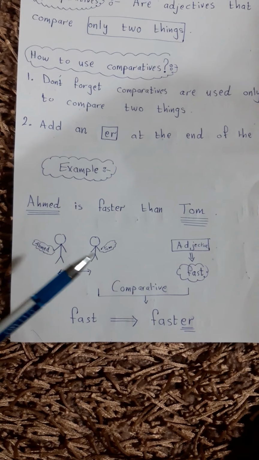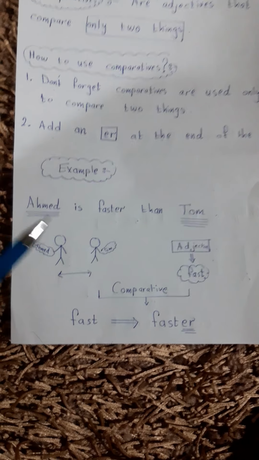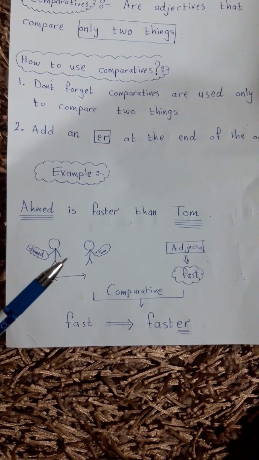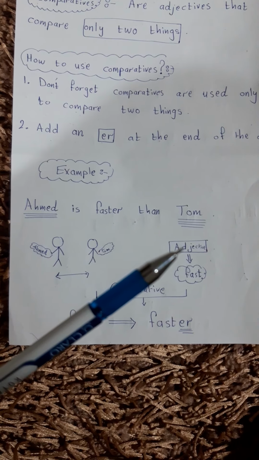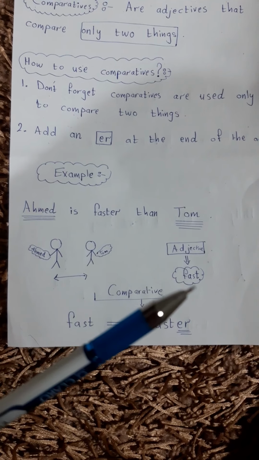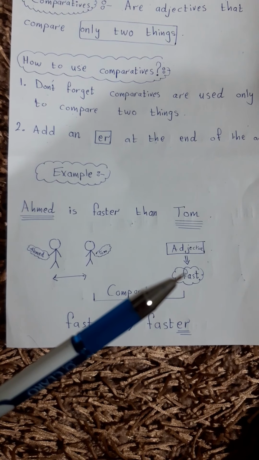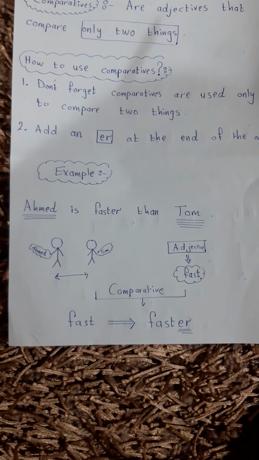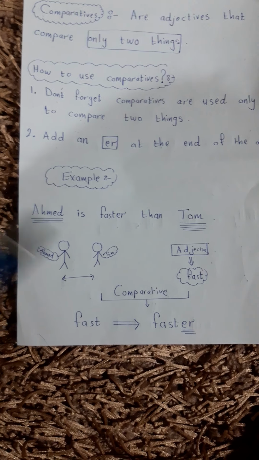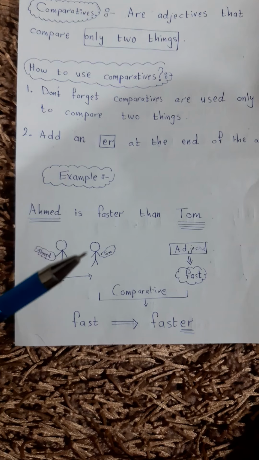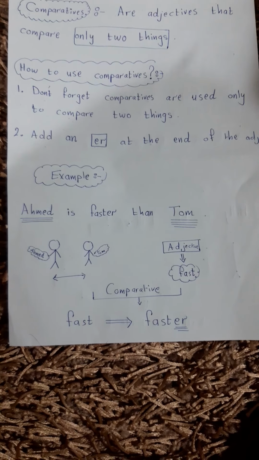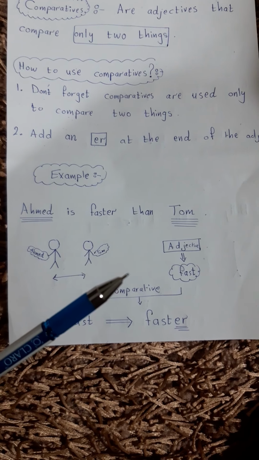Here we have two people. The adjective is fast. Because we have two people, we must use the comparative rule.